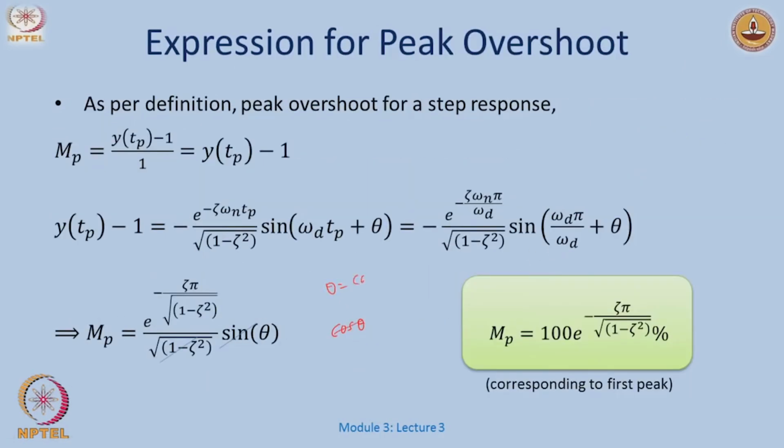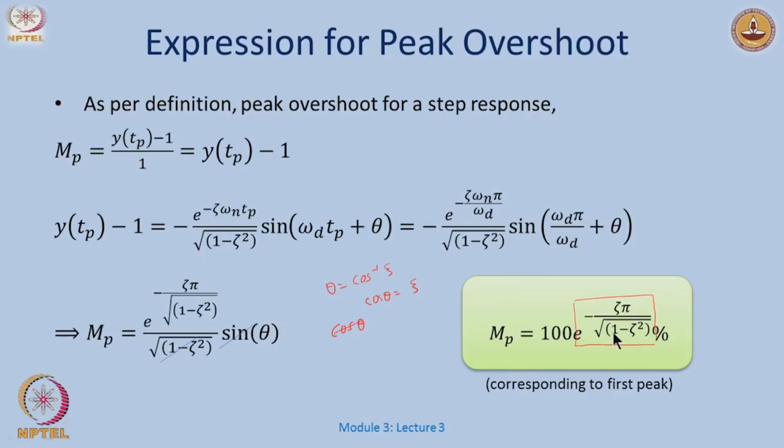Theta is cos inverse of zeta, or cos of theta is zeta, and then I just use sin square theta plus cos square theta equal to 1, and these terms just disappear. So the peak overshoot in percentage is e to the power of this expression.